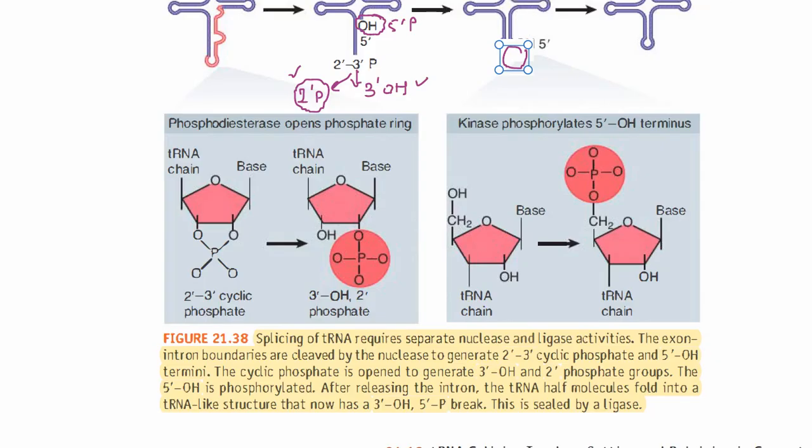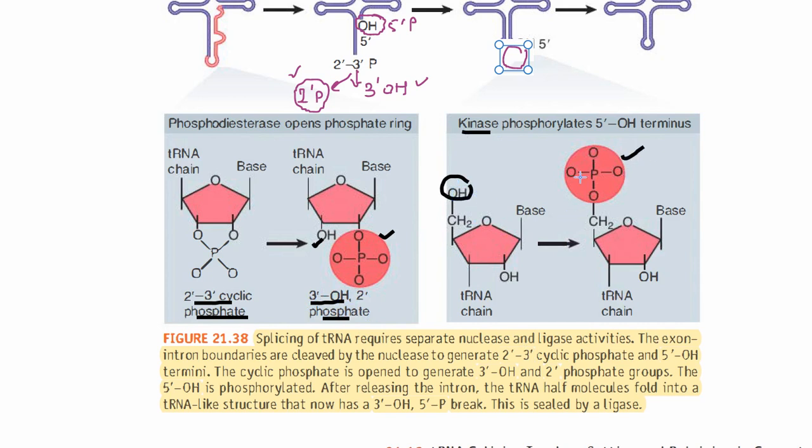The next picture will describe this in more detail. So see, this is the 2' to 3' cyclic phosphate group, and this cyclic group is opened up, and what it forms is the 3' OH group and the 2' phosphate group. The 2' phosphate will be removed and the 3' OH will be left. Now on the 5' side, the OH group will be converted to a phosphate group.